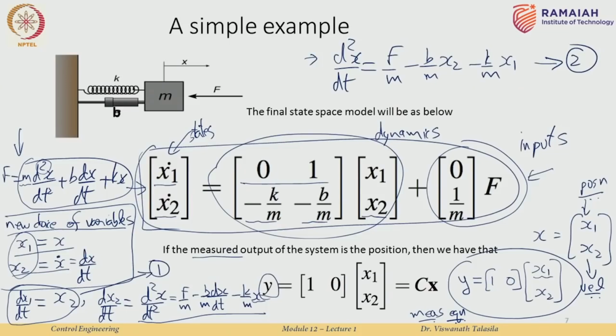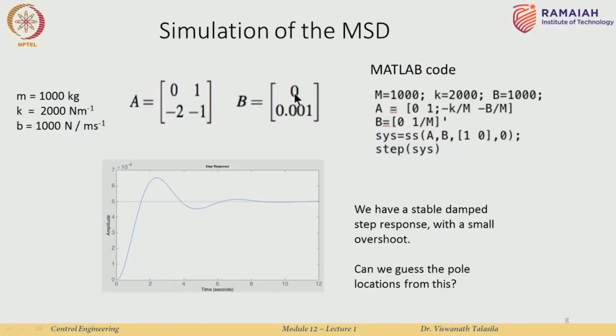And then if you look at the inputs over here, I have a 1 divided by m. For the moment, let us assume f is a unit step force. So f is equal to 1 and 1 over m just becomes 0 and 0.001. So this is the A, this is the B, and we will see what these things are later. If I do a simulation of this, and I will run through the code a little bit later, we see a step response of the following type.